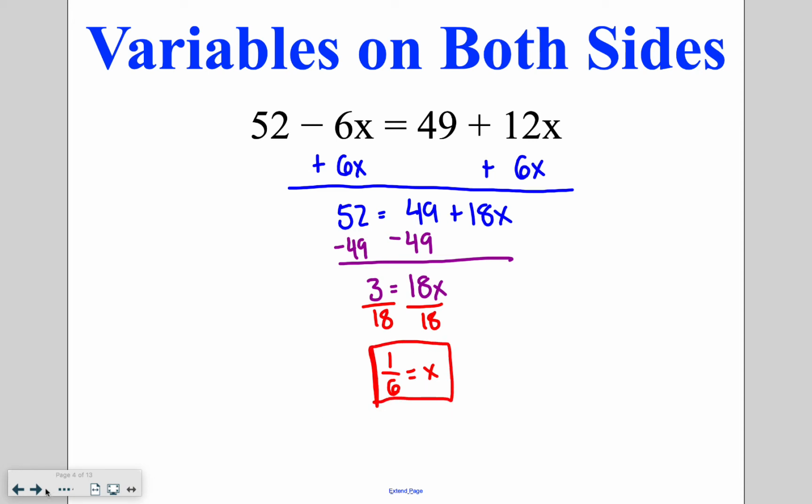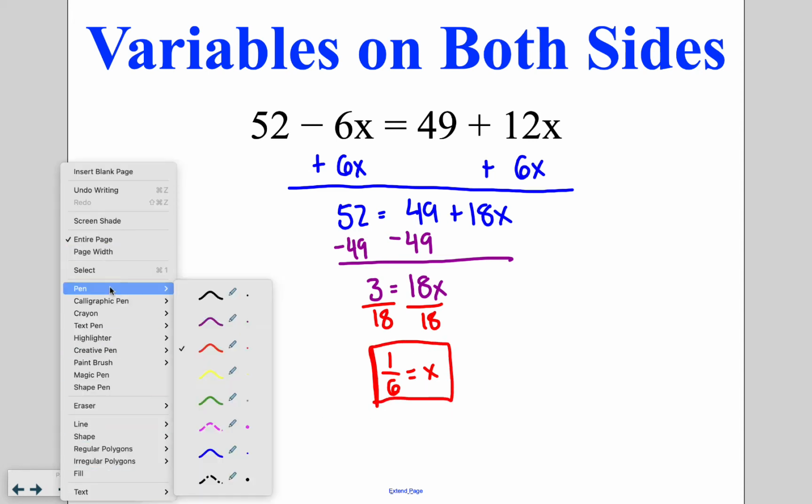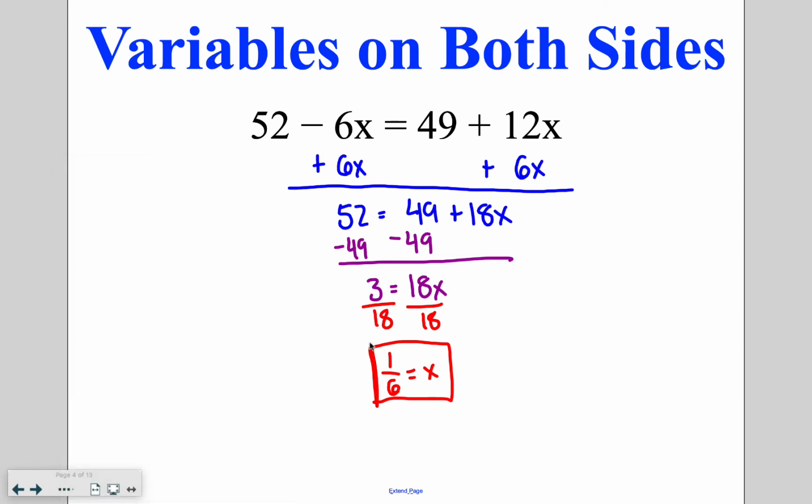Just like with all other variable problems, you can plug it back in to check your answer. So if I do 52 minus 6 times 1/6, I'm doing 52 minus 1/6 of 6 is 1. So I'm going to get an answer of 51. Then I would check the other side.